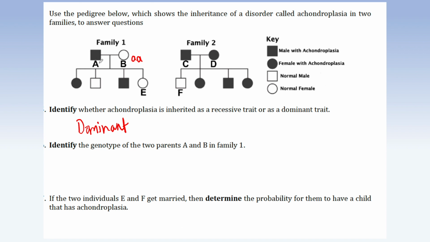What about A, the father? Let's look at their kids. We have some of them affected and the others unaffected. For sure, they will take from their mom one small letter, all of them, because one allele from mom, one allele from dad.